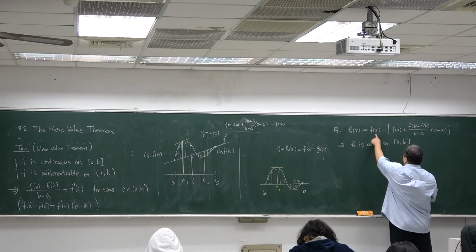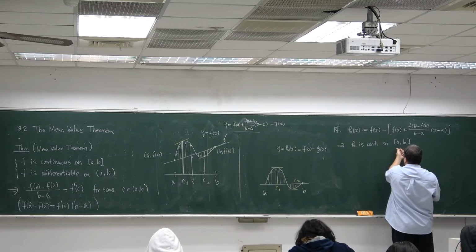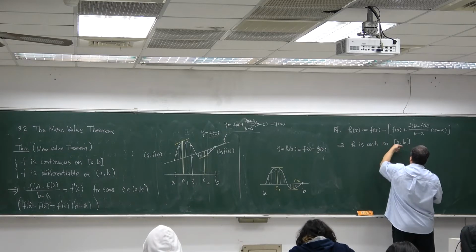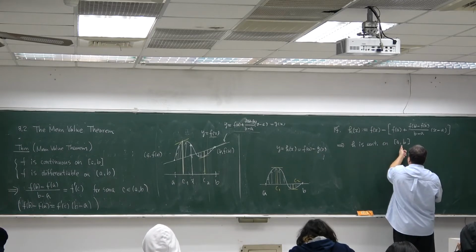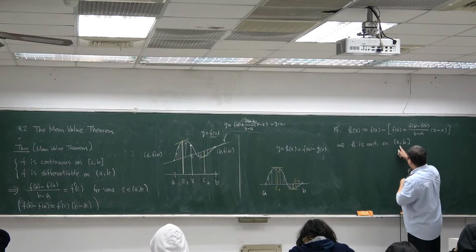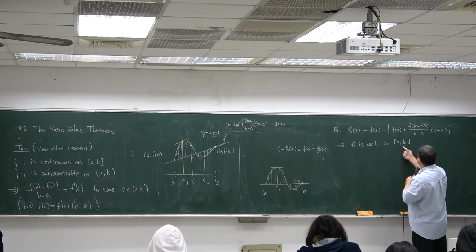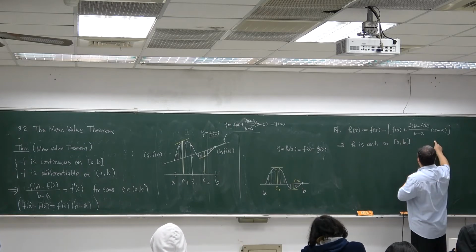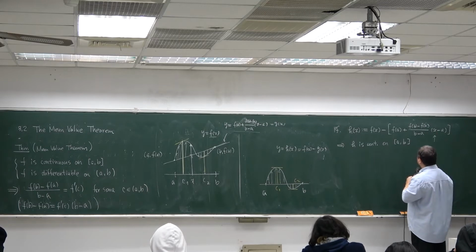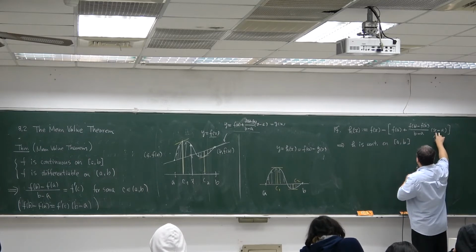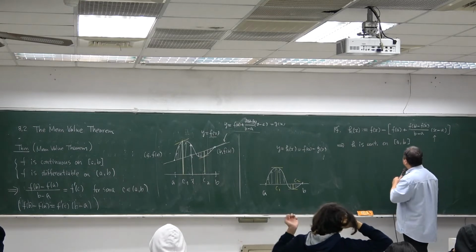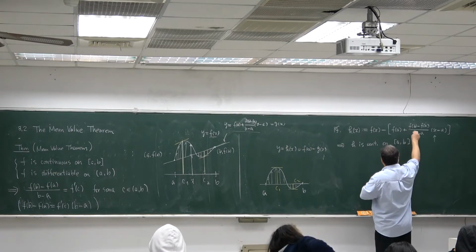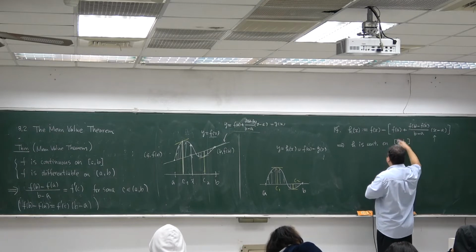Because f is continuous here, so continuous from the right at a, continuous from the left at b, and continuous everywhere in the interior of (a, b). And this is a linear function, a polynomial function, which is continuous everywhere. So a continuous function minus a continuous function is continuous.